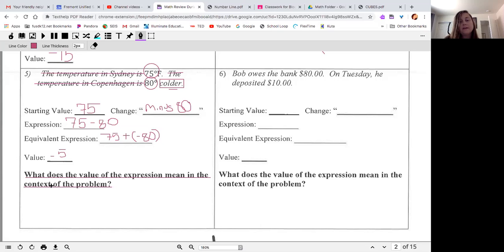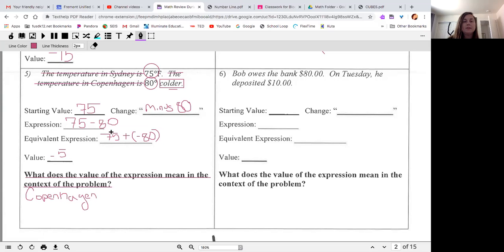Okay, so what does the value of the expression mean in the context of the problem? So the town that we're talking about is Copenhagen. C-O-P-E-N-H-A-G-E-N.